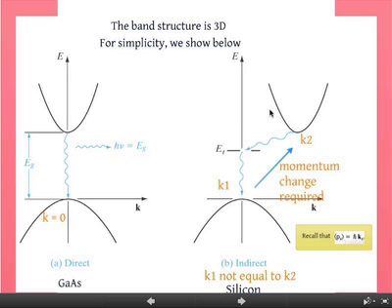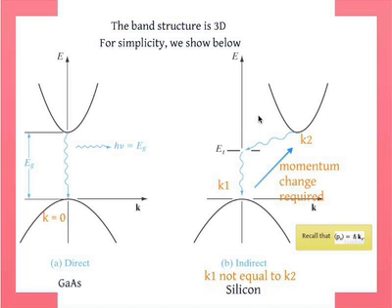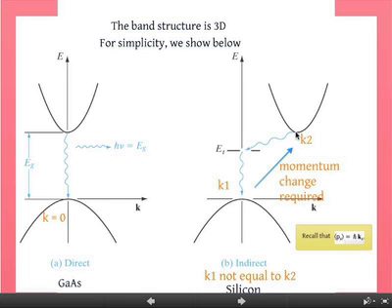And typically, the way it happens is by colliding with vibrations in the crystal. So the crystal itself is vibrating because of thermal energy. It's not sitting still. So there are what are called phonons, which we will see later on. So the electron exchanges some energy and momentum. So you see here, the electron's losing some energy, right? That's energy. So it lost a little bit of energy and also momentum.